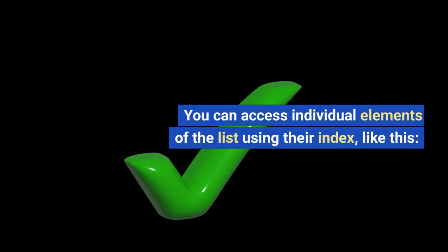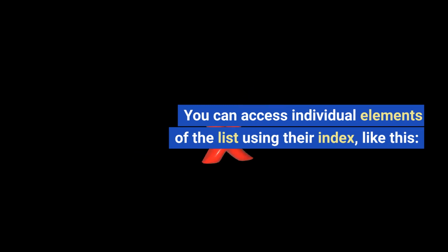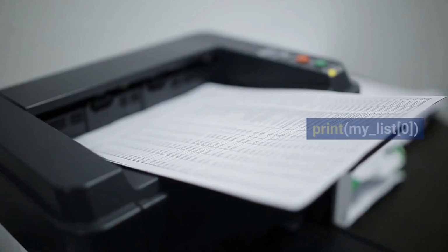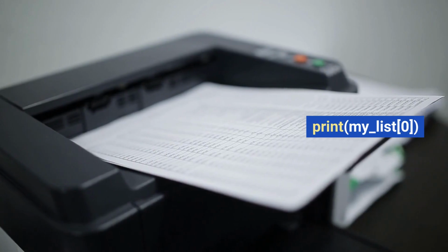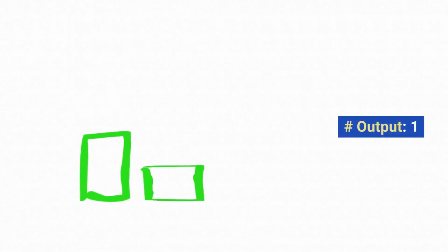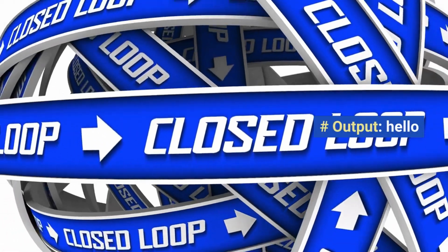You can access individual elements of the list using their index, like this. print(my_list[0]) # output: 1. print(my_list[3]) # output: hello.